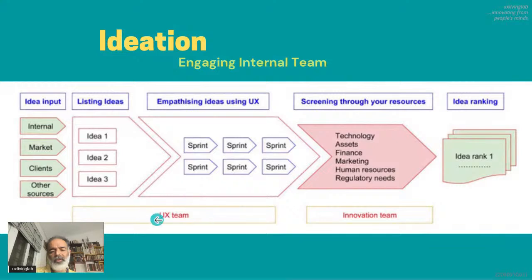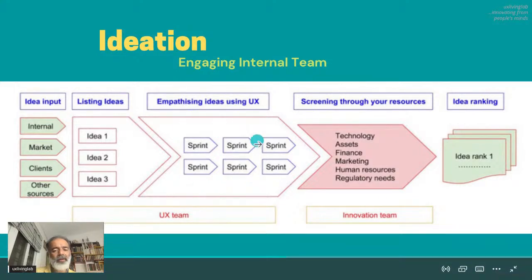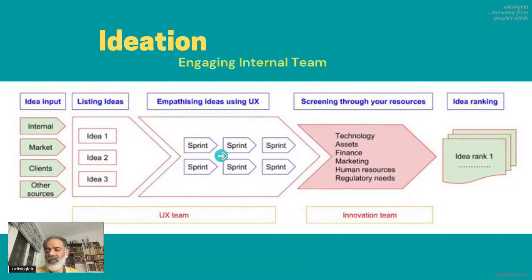The UX team will do that. Then empathizing ideas using UX. The UX team can interact with clients or outside people, or people not in the innovation team, and get their insights on the ideas. Then the next step is screening.